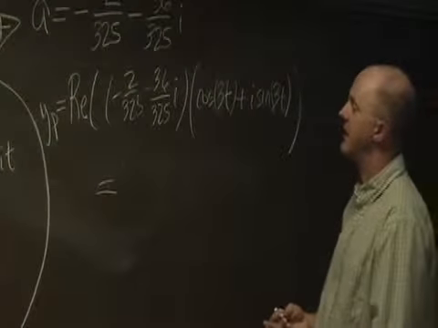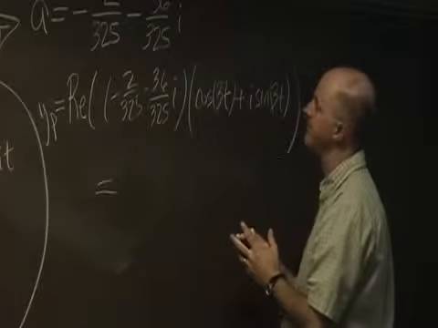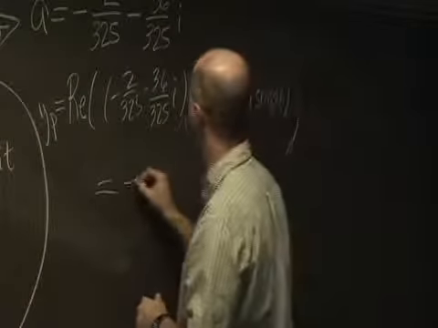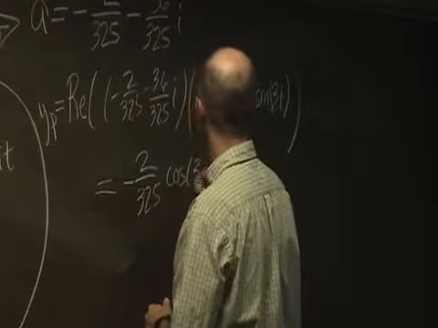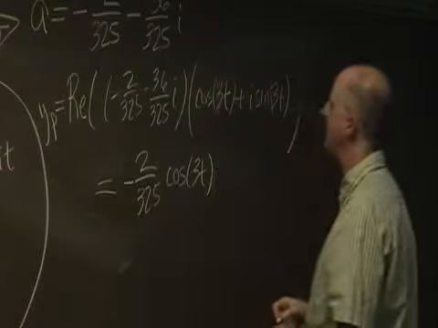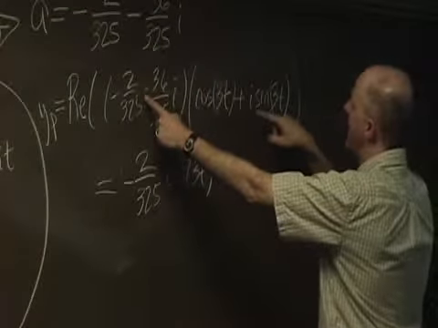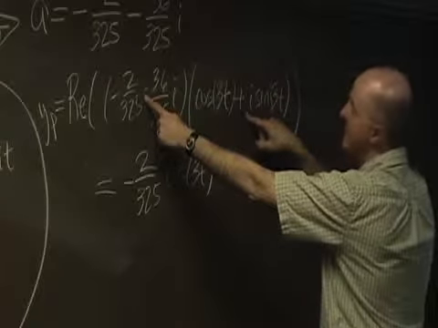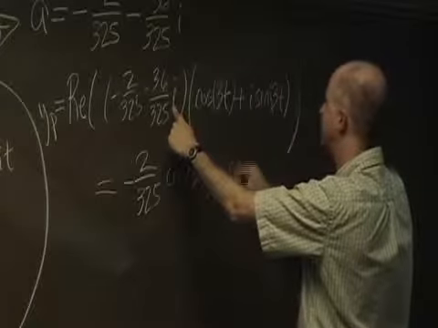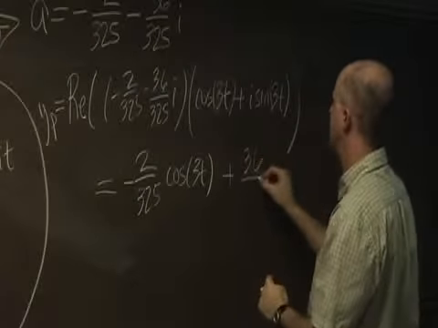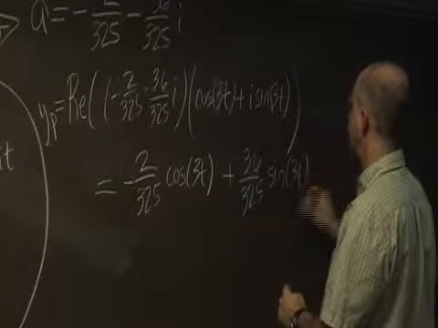So all I need to think about here is the product of the first times the first and the last times the last. First times first gives me negative 2 over 325 cosine of 3t. And last times last, I get a negative sign there and a plus sign there giving me a minus sign, but I have an i squared giving me another minus sign, so I ultimately get a plus 36 over 325 sine of 3t.